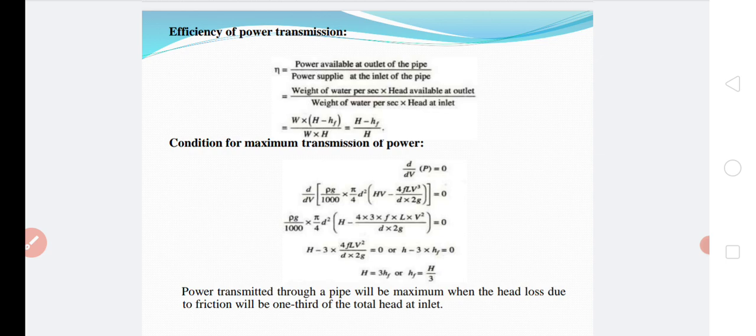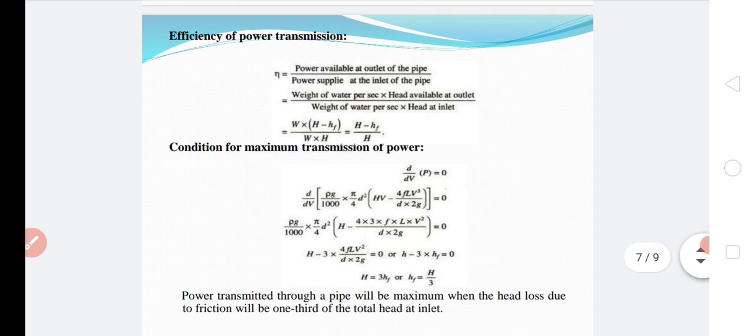Next, the condition for maximum transmission of power. For maximum transmission of power, dP by dV equals 0.